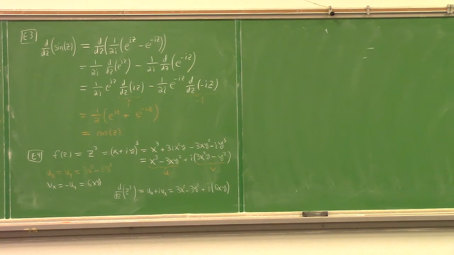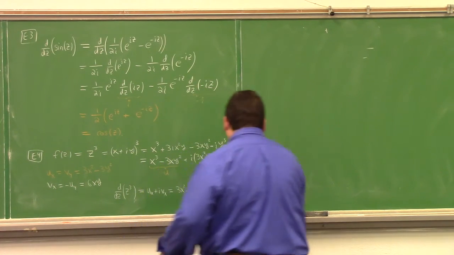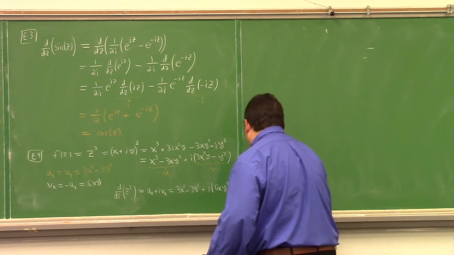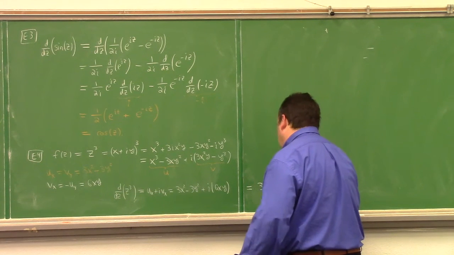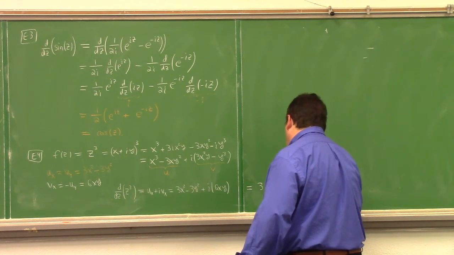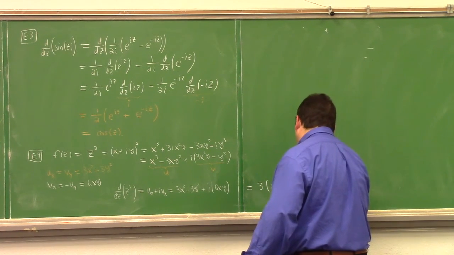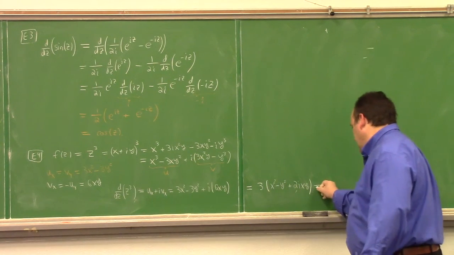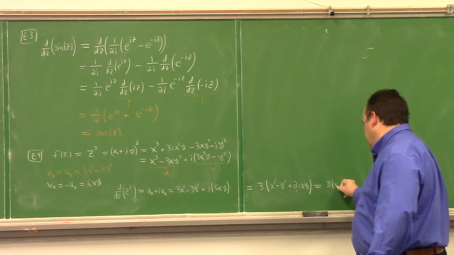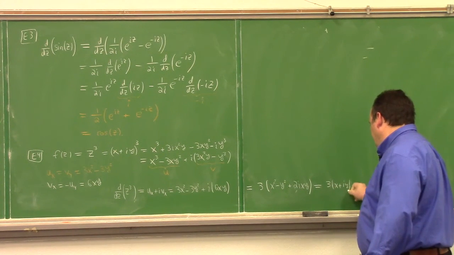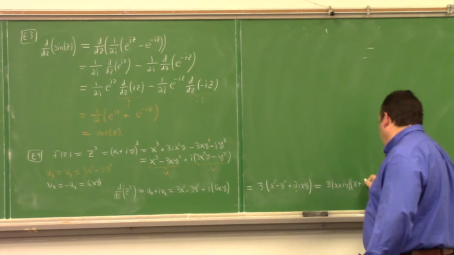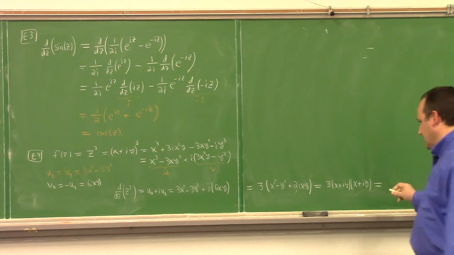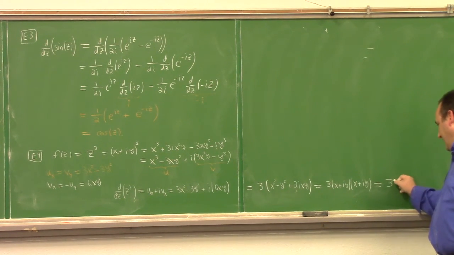Now, check this out. We can factor a 3 out. It's 3 times (x squared minus y squared plus 2ixy), which is in fact 3 times (x plus iy) times (x plus iy), which of course is no surprise, 3z squared.